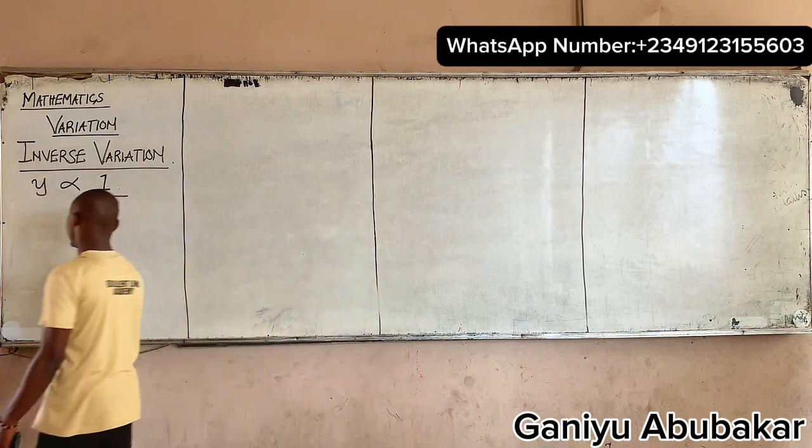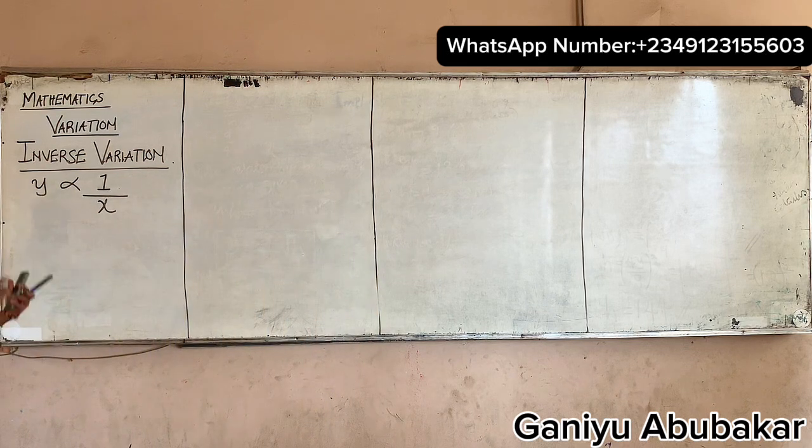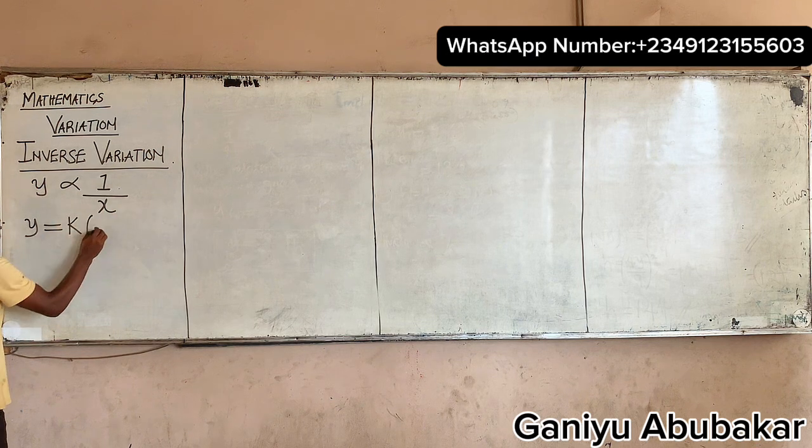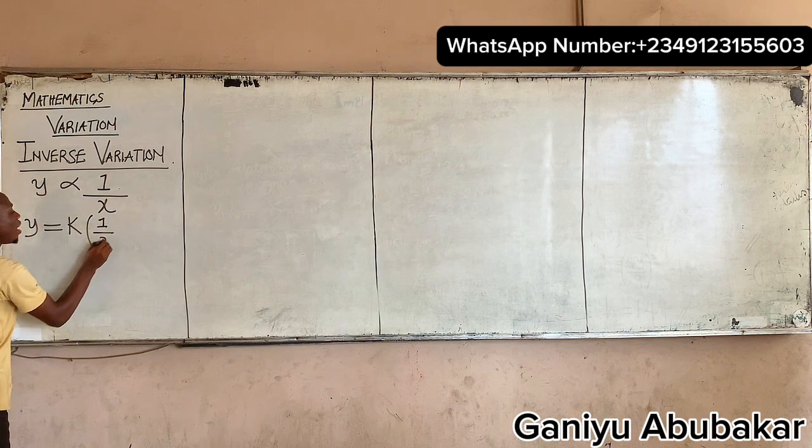So here's the thing. What we know is that I will have y. If I want to change this symbol, I introduce equal to and a k. That's the concept. But mind you, I have 1 over x here. So I have 1 over x.